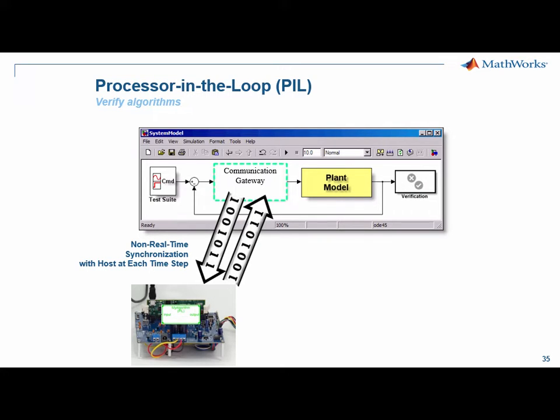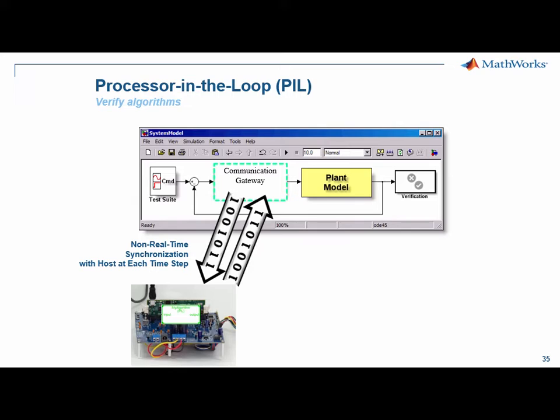This is a non-real-time synchronous co-simulation environment, but it's very useful to show that the results that you get on the target embedded hardware match the results you get with your simulation environment.